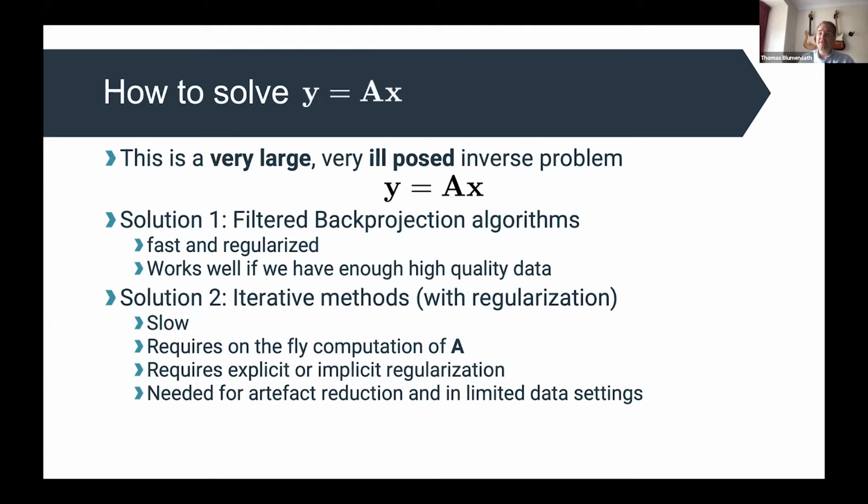Now, iterative methods are optimization algorithms, and it's a linear problem. We've been doing y equals Ax problems for hundreds of years. But because it's so large and because it's ill-posed, it's very slow to solve. We need to regularize it and so on. So there are lots of computational problems. Just computing A times x with a typical data set was, until a few years ago, nigh impossible on a typical lab machine.